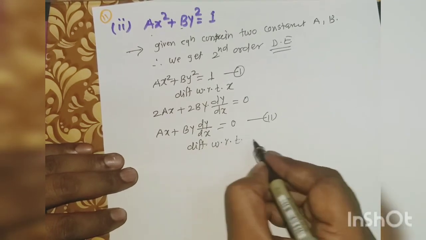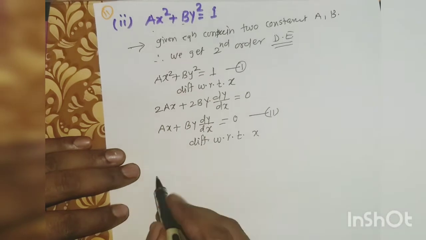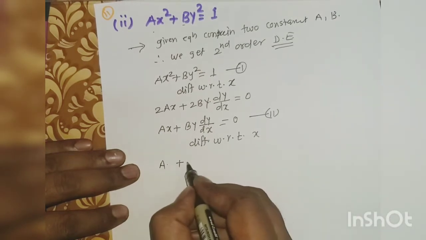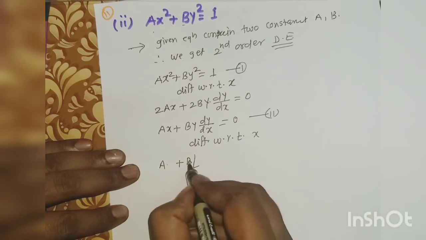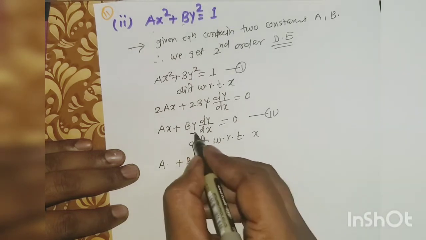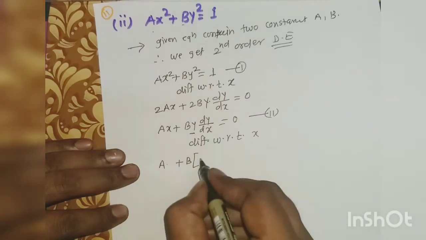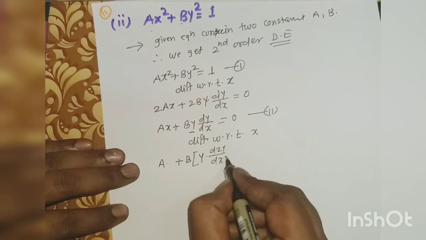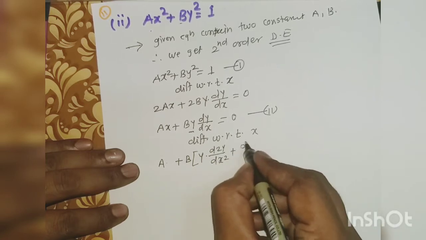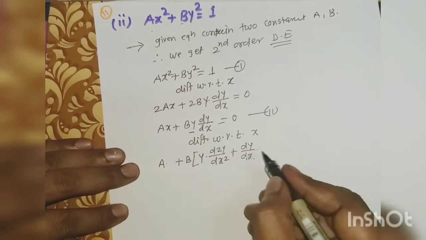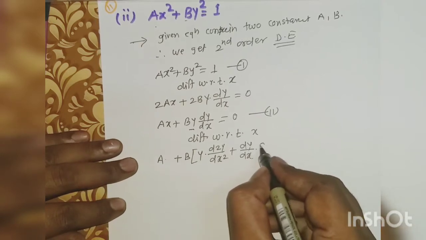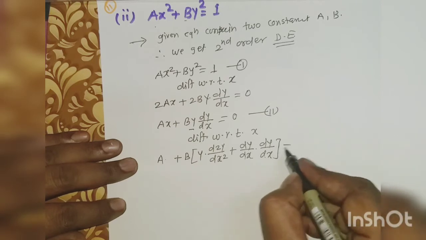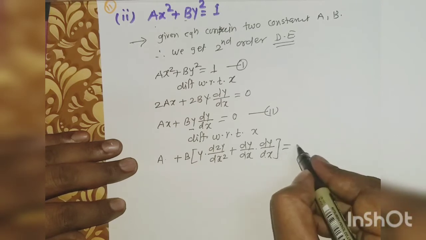with respect to x. Derivative of the first term is a into derivative of x, which is 1, plus b bracket. Here the first function is y and the second is dy by dx. Y into derivative of the second function, d2y by dx square, plus dy by dx into derivative of the first function, which is also dy by dx, is equal to derivative of 0, which is 0.